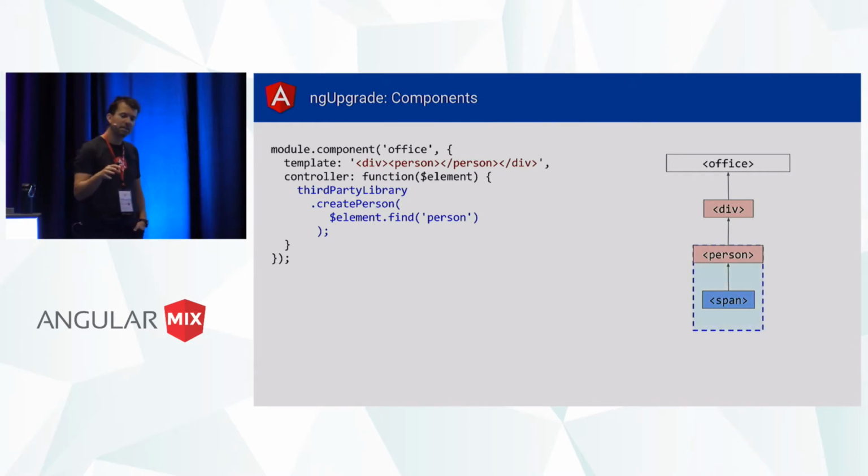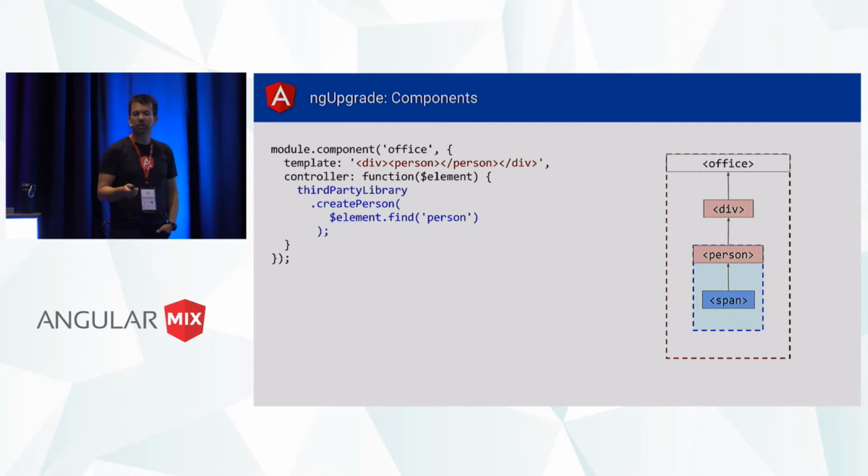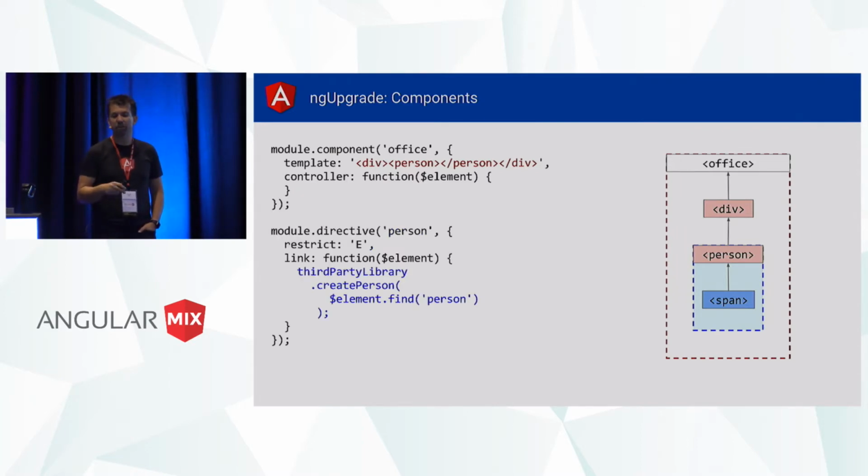What happens is this blue box is really outside of the control of the AngularJS framework. It's some other third-party library that's doing this. But the 2 work together seamlessly. And so what we can do is take the stuff that's in the constructor and pull it up into a separate directive and say, look, we could just have a directive that says, if you come across a person inside of the DOM, then go ahead and bootstrap this third-party library.